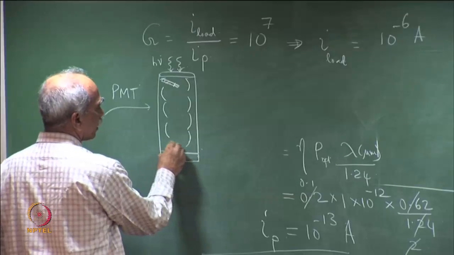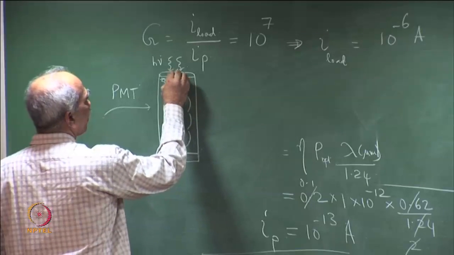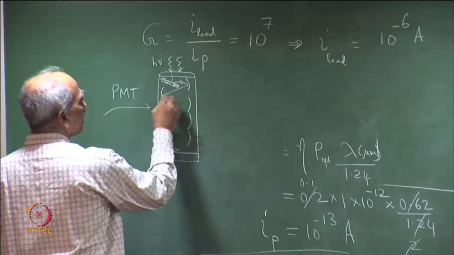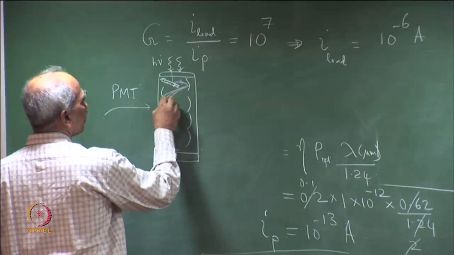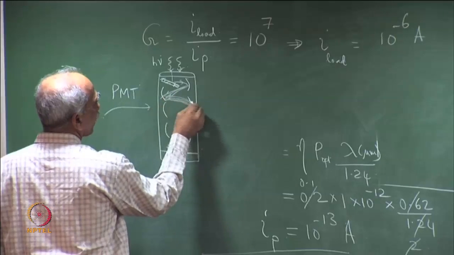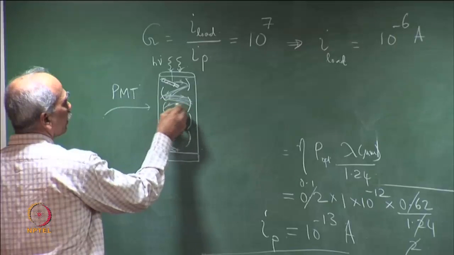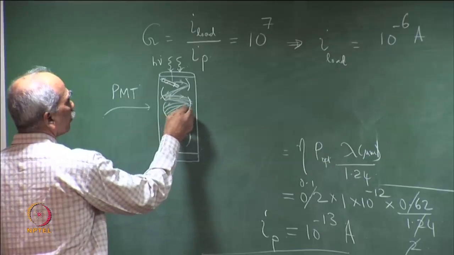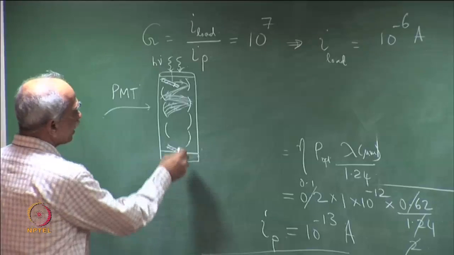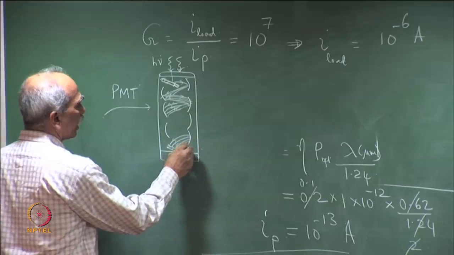And then the final anode. So, just recall that the incident photon generates an electron, which then multiplies and gets attracted to this diode. From here it gets further multiplied to the next diode, and from there it is further multiplied to the next. So, we have an avalanche of electrons, and finally the last avalanche of electrons reaches the anode.